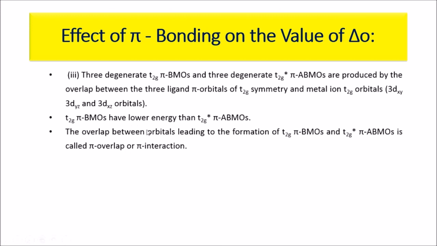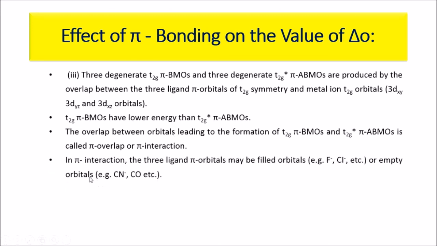One is sigma donation interaction where the ligand acts as pi base, and the other one is the pi acceptance interaction where the pi orbital of the ligand acts as pi acidic ligands, that we are going to see in a later presentation. In this pi interaction, the three ligand pi orbitals may be filled orbitals.